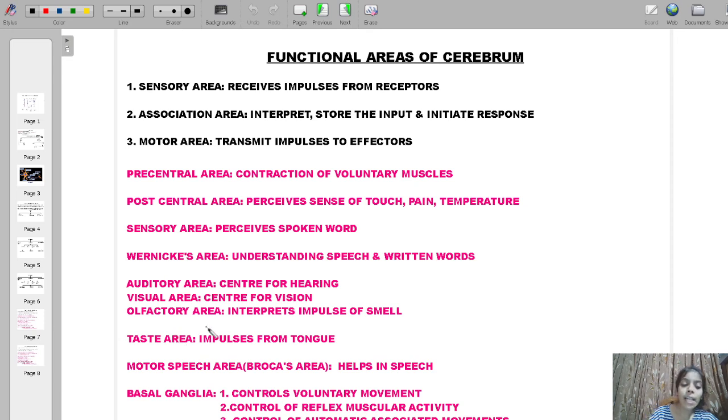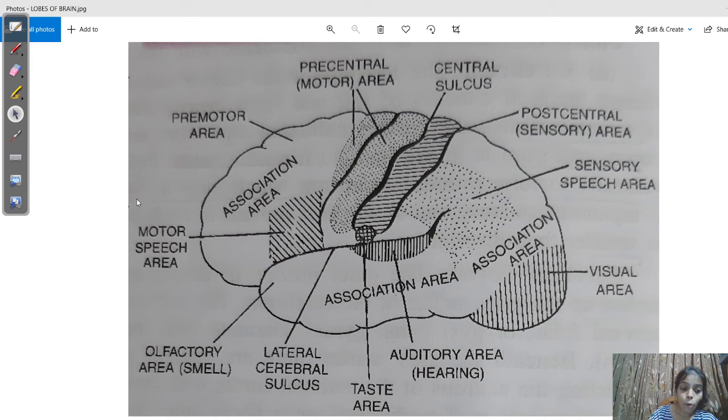That will be done by the taste area. And then the motor speech area, as I was showing you, is also called Broca's area. The taste area is this one. See, it's written taste area.